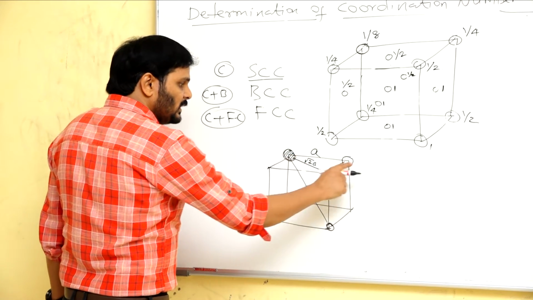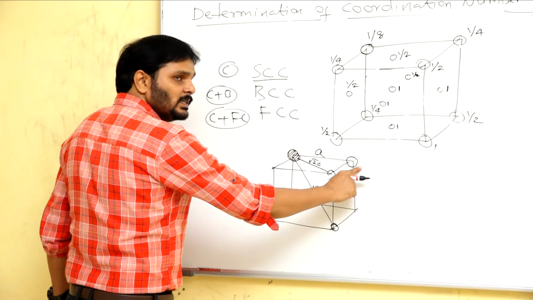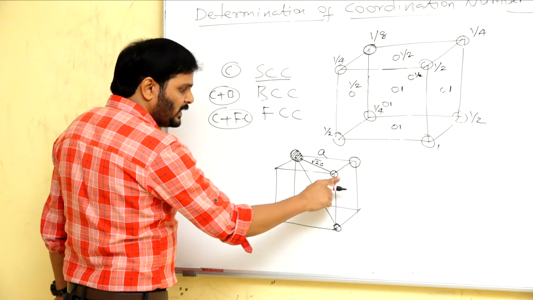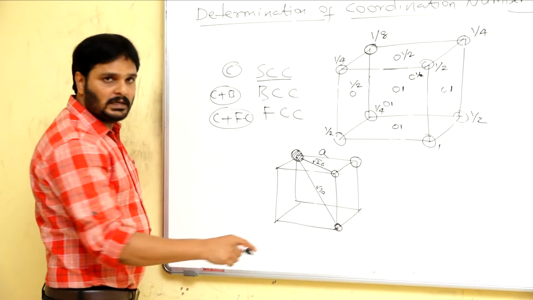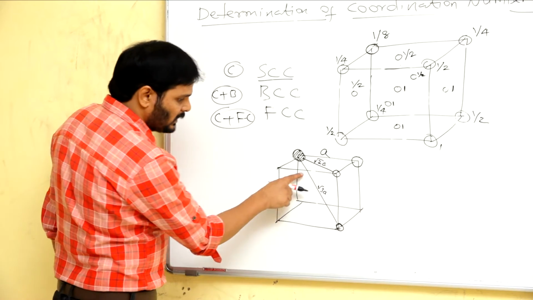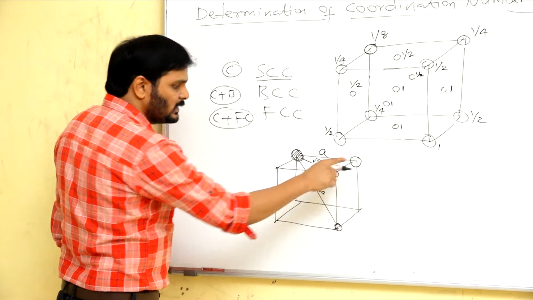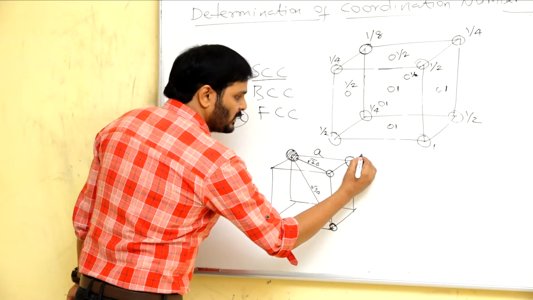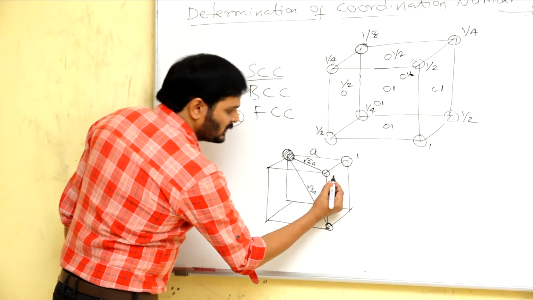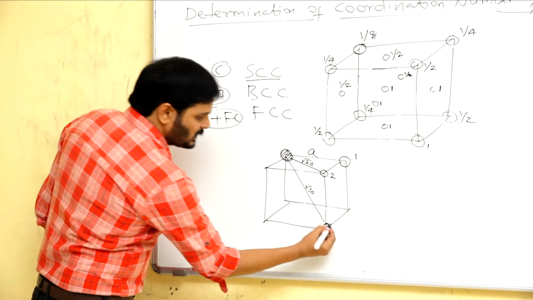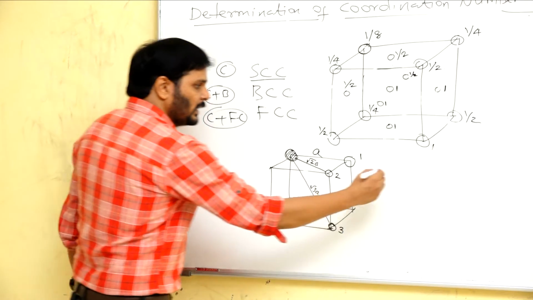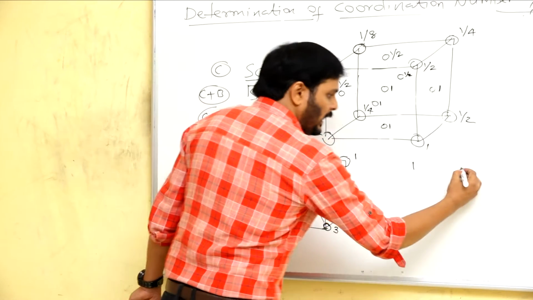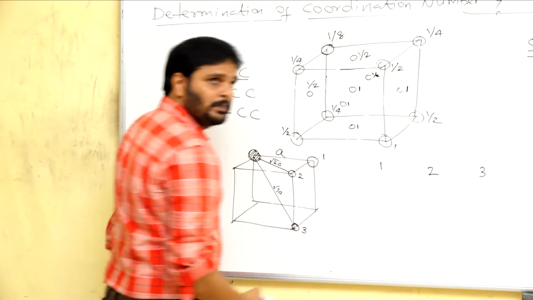To this atom, this is an atom separated with the distance a, this is an atom separated with the distance root 2 a, and this is an atom separated with the distance root 3 a. This is a body diagonal, this is a face diagonal, this is the edge length. So I am marking this as atom 1, atom 2, and atom 3.